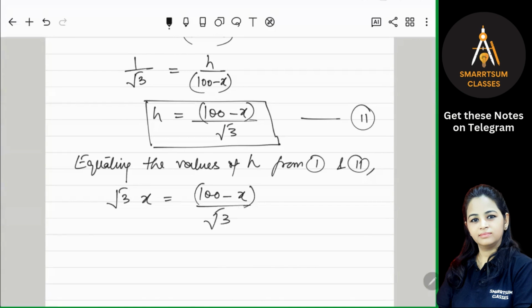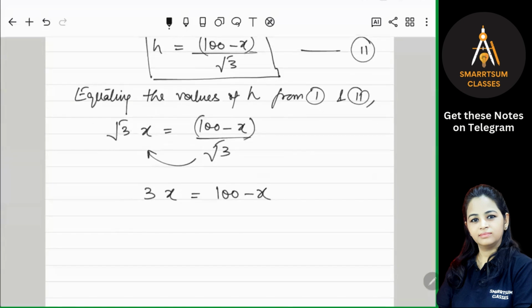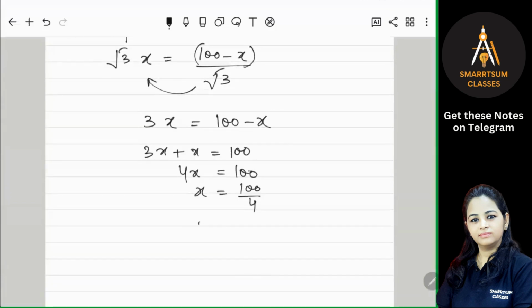Now you can take root 3 to that side. Root 3 into root 3 is 3, so 3x is equal to 100 minus x. So 3x plus x is equal to 100, that is 4x is equal to 100, and therefore x is equal to 100 by 4, that is 25. So the value of x is 25 meters.